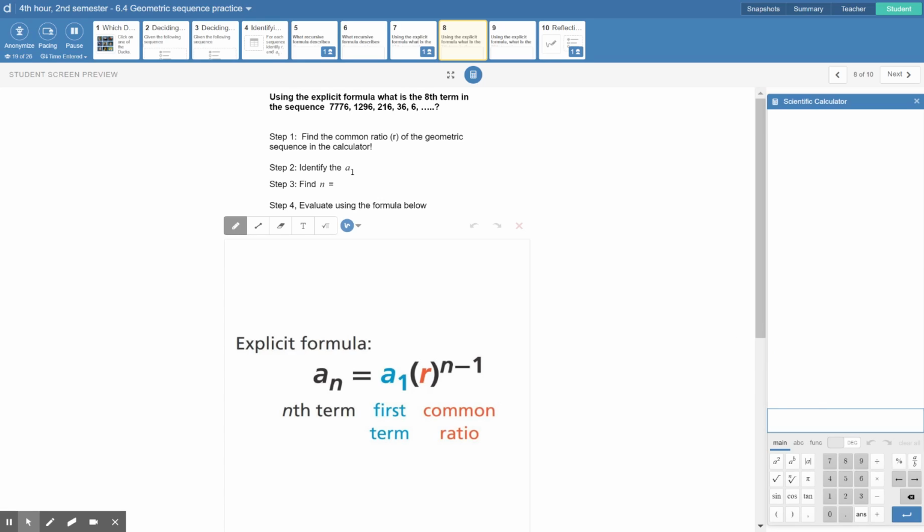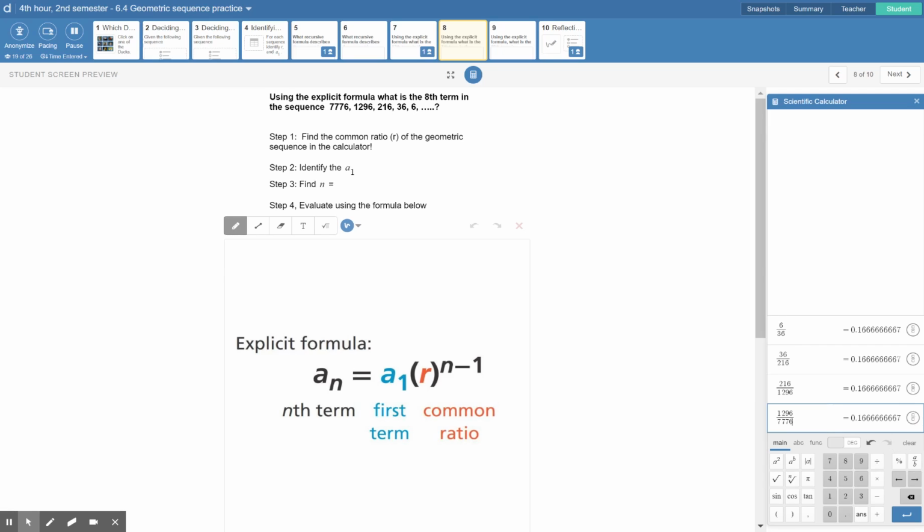So we start from the 6, divide by 36. 36 divided by 216. 216 divided by 1296. Notice that these repeating decimals are all the same.